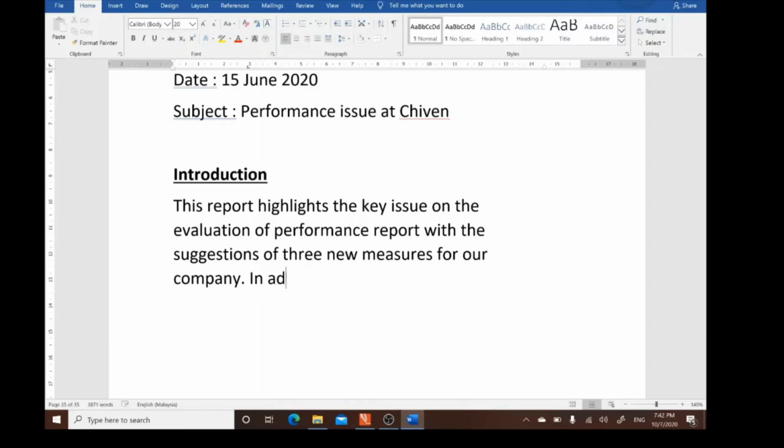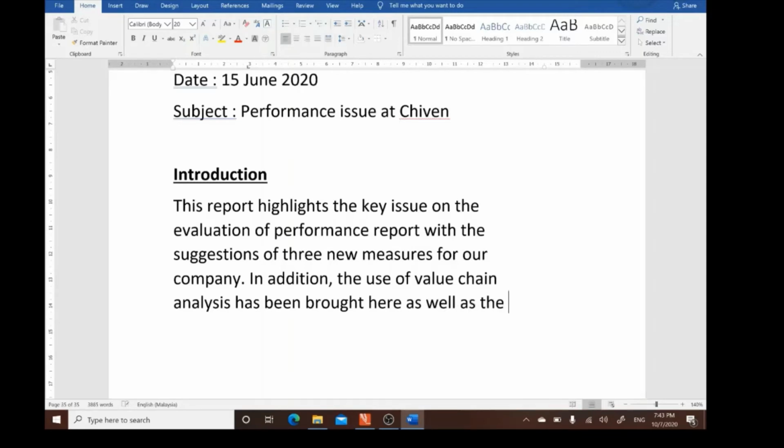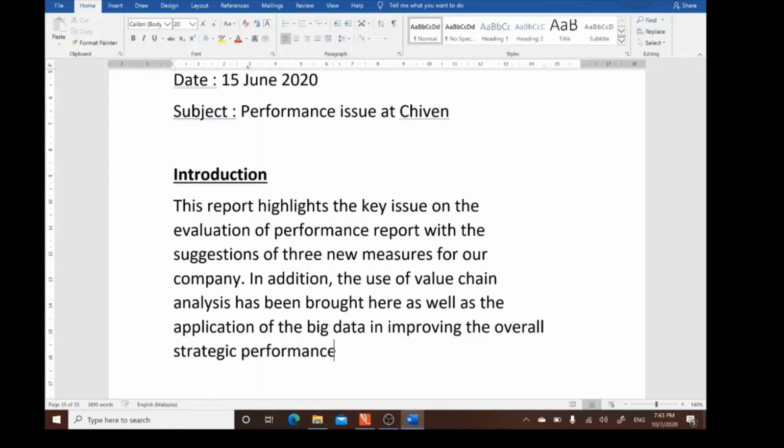Now, I mentioned in addition the use of value chain analysis has been brought here, as well as the application of big data in improving the overall strategic performance of our company.